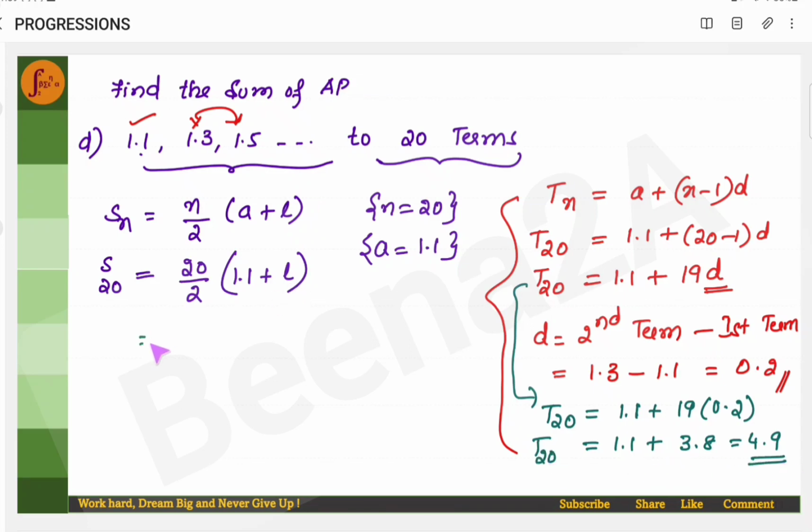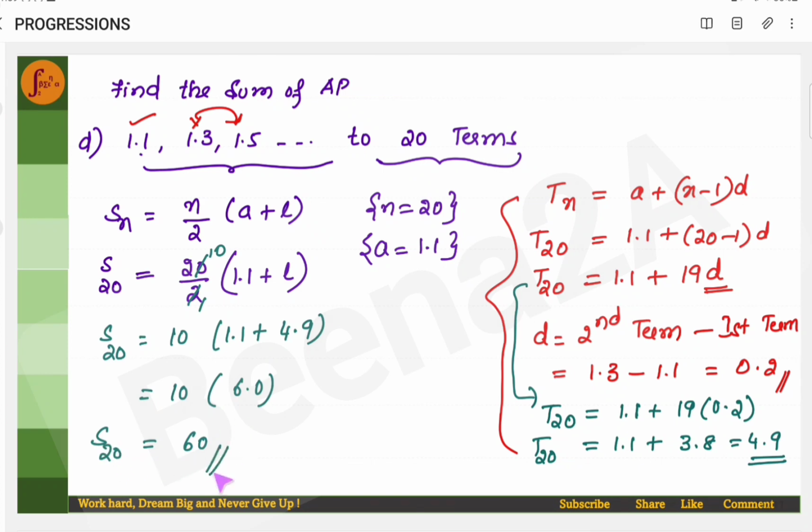Let's substitute it here. 20 by 2 is 10. S20 is 10 into 1.1 plus 4.9, which is 6.0. 10 into 6.0 is 60. So the sum of all 20 terms is 60.